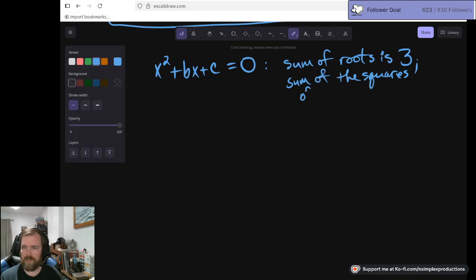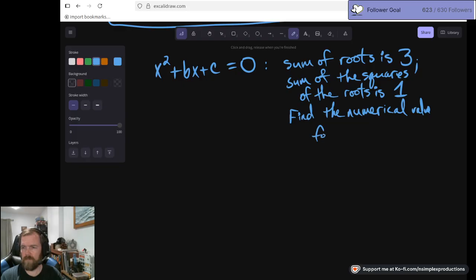The sum of the squares of the roots is 1. And specifically, this only wants the numerical value of c.